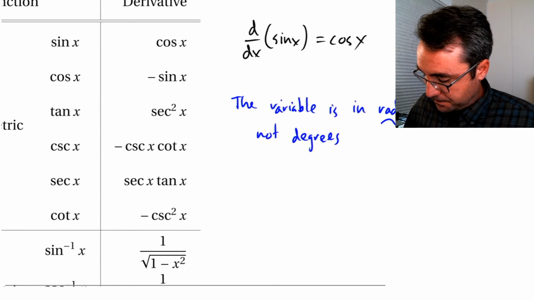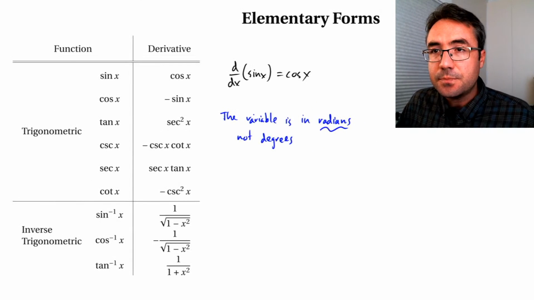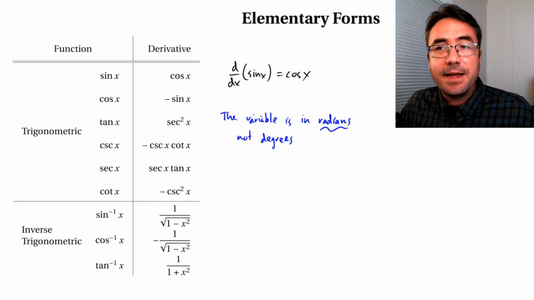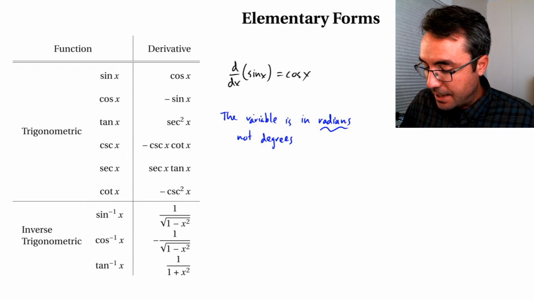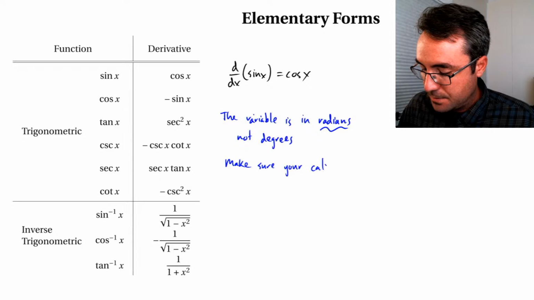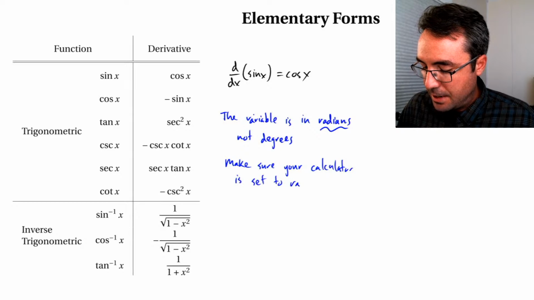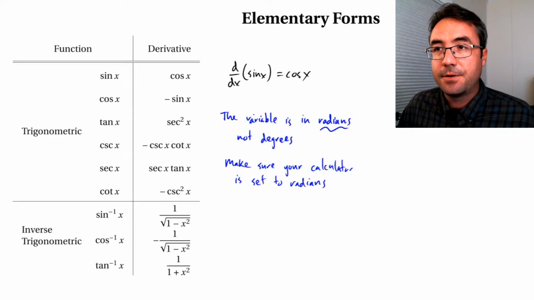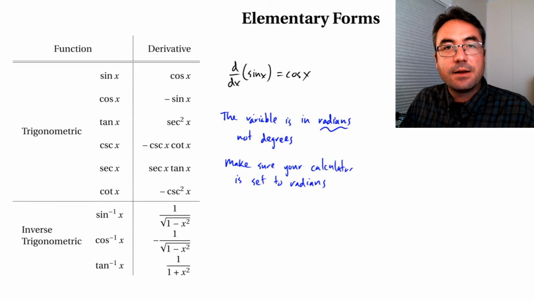So just make sure that if you are using a calculator, you do set it to radians. You don't need to use a calculator on the exams, you're not allowed one.